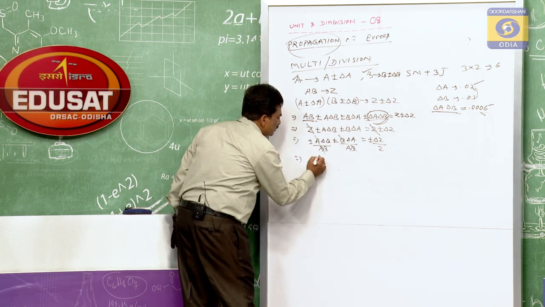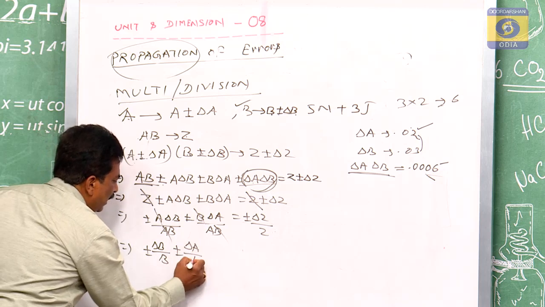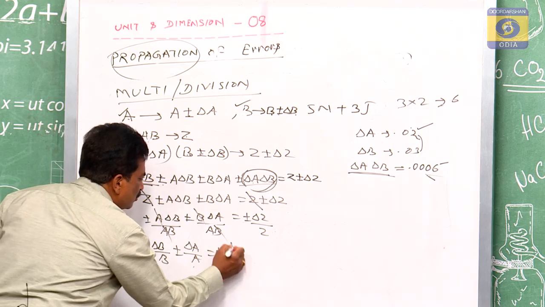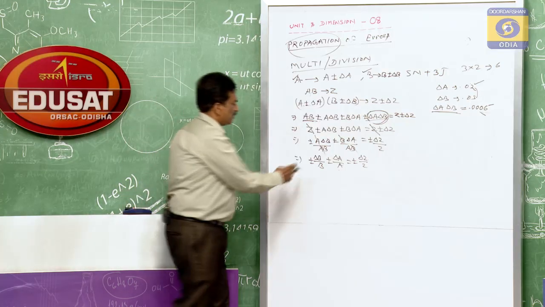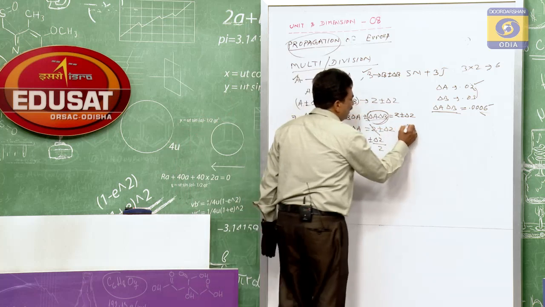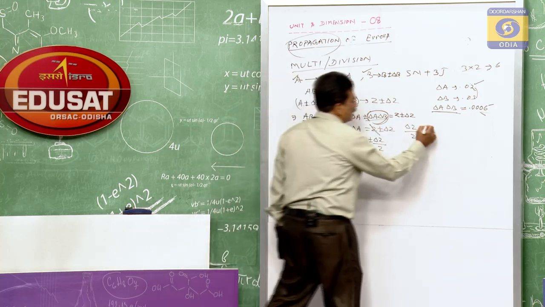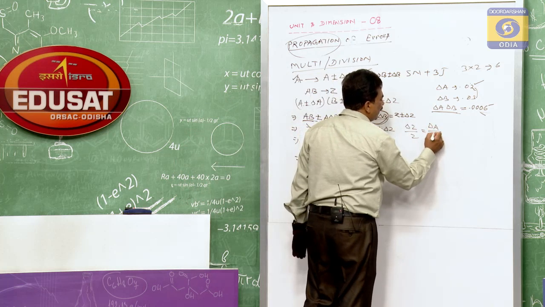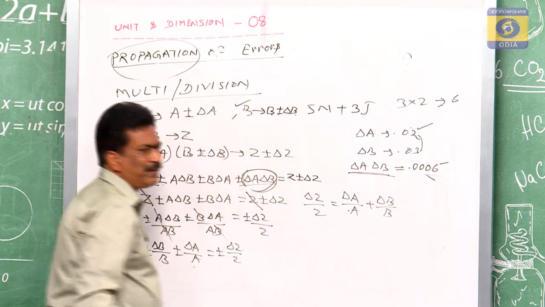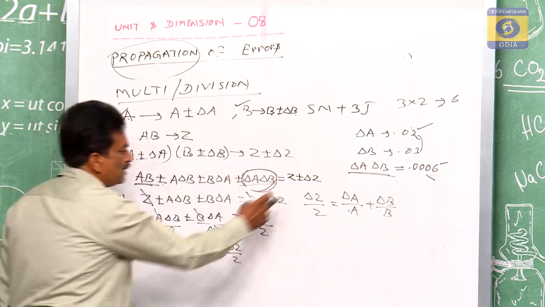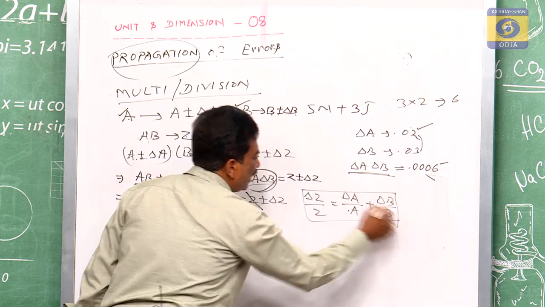Plus or minus del B by B plus or minus del A by A is equal to plus or minus del Z by Z. So del Z by Z is equal to del A by A plus del B by B.